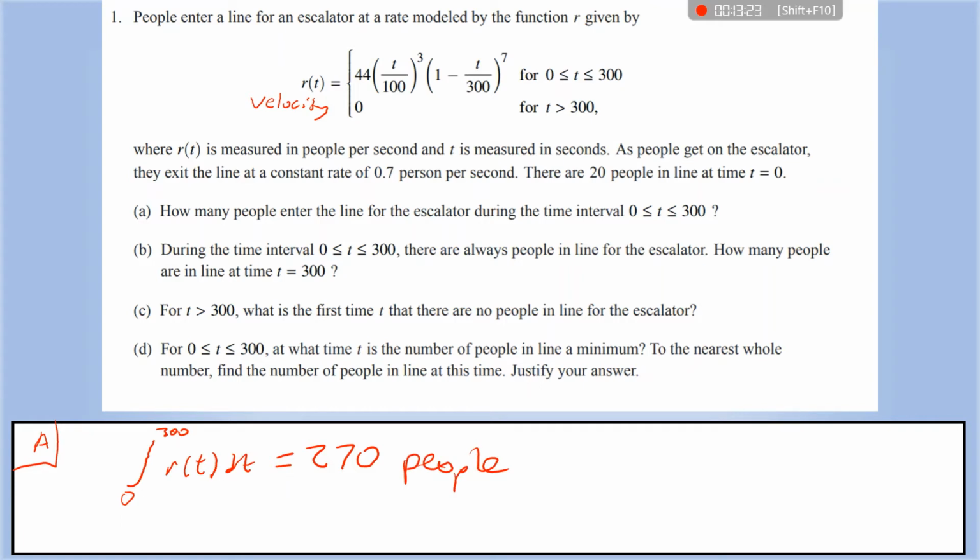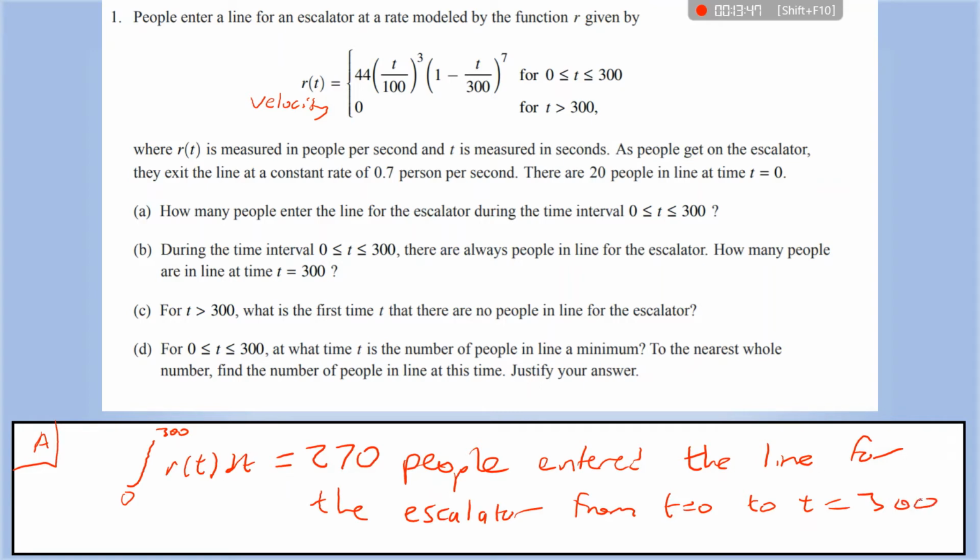Okay, 270 people entered the line for the escalator from t equals 0 to t equals 300 seconds. That's a lot.